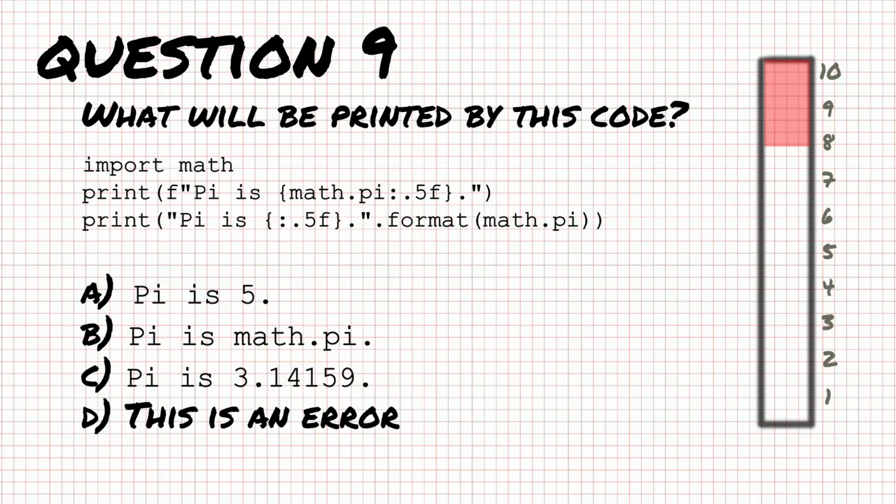Is it A, pi is 5, B, pi is math.pi, C, pi is 3.14159, or D, this is an error?